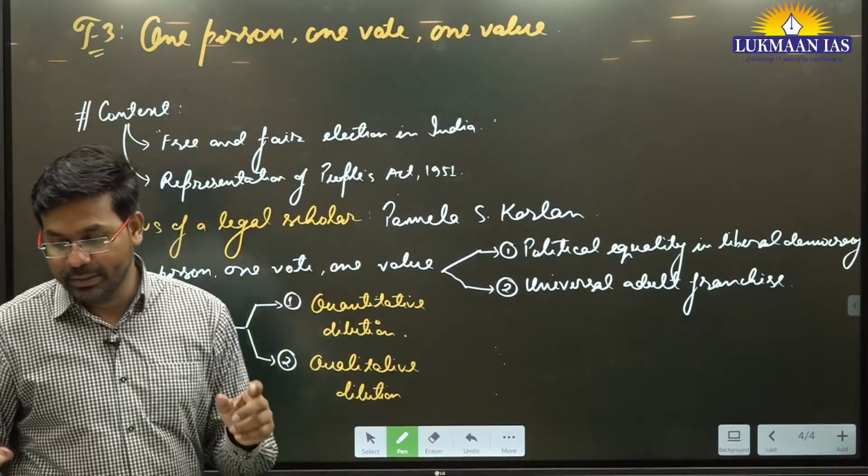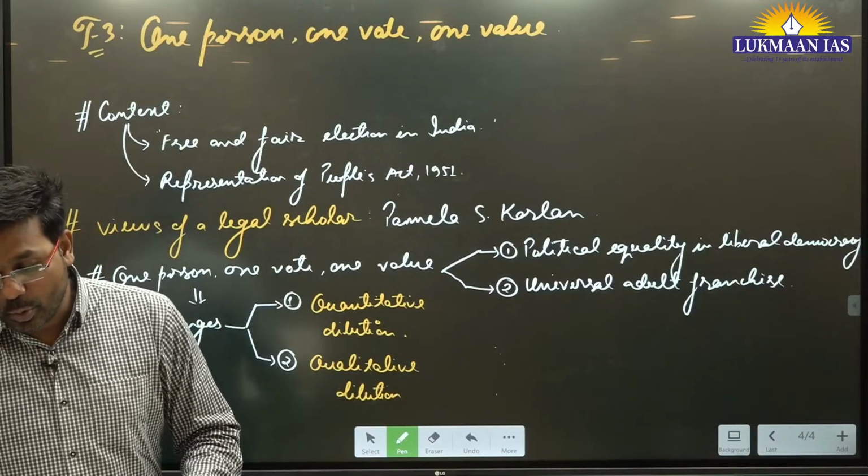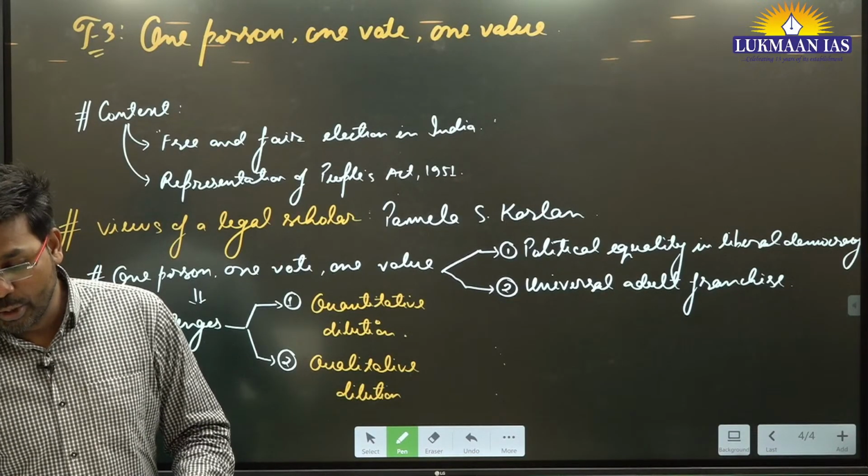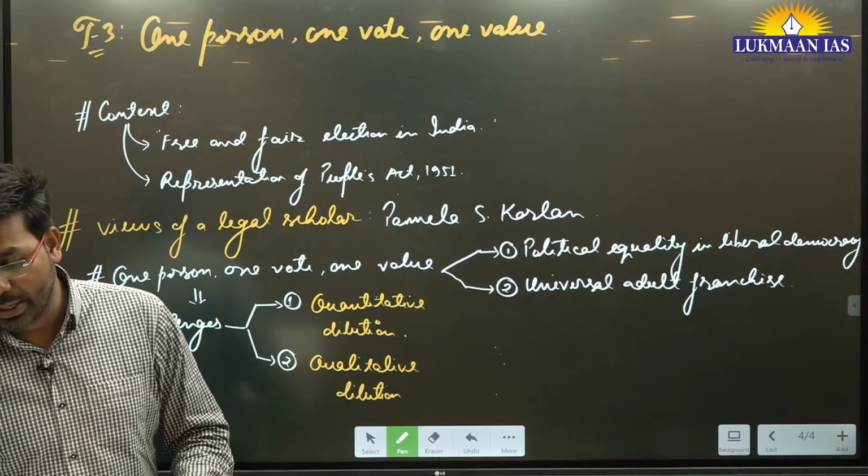In this article, they have said that quantitative dilution happens when votes receive unequal weight due to huge deviation in the population among constituencies.